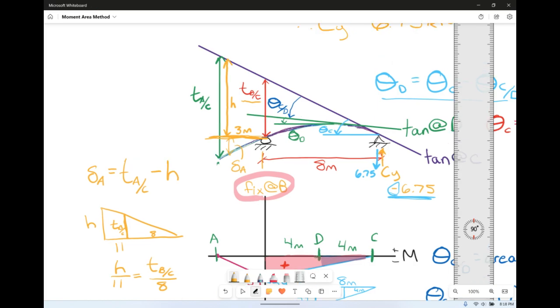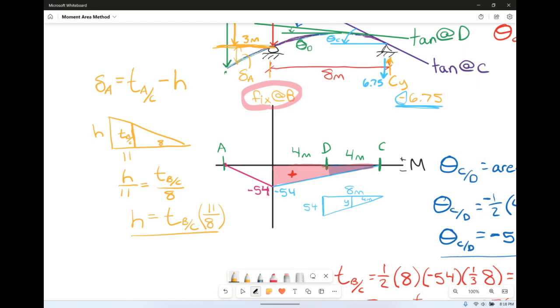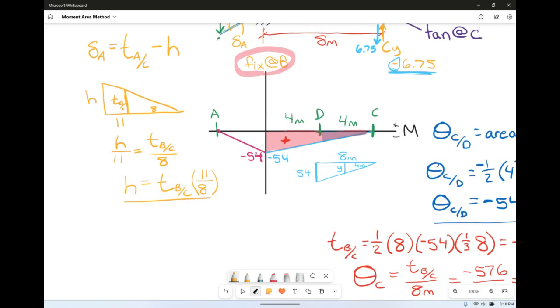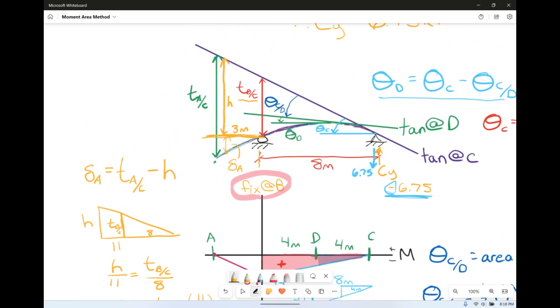So H is equal to the vertical deviation of B with respect to C times 11 over 8. Ta-da! Well, good news is we've already got the vertical deviation of B with respect to C, so we already find what H is. Now we just need the vertical deviation of A with respect to C.